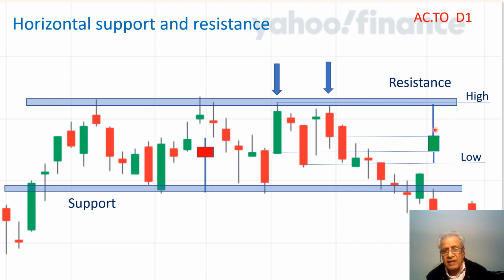So this is again at the top of this upward trend. We see this shooting star. That is a good indication of the reversal. So the trend reverses and it goes downward. If you know this pattern, it helps you a lot, especially when you use candlestick blending.